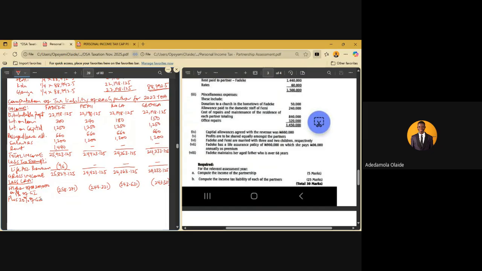What's 20% of gross income? That is 5,165.425.